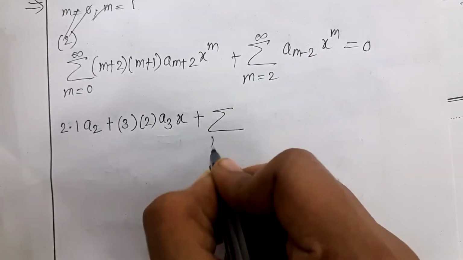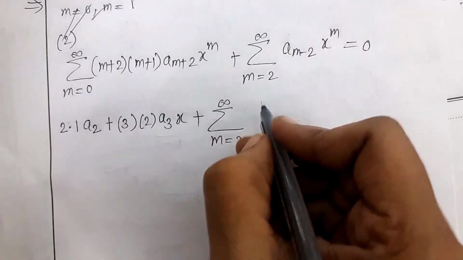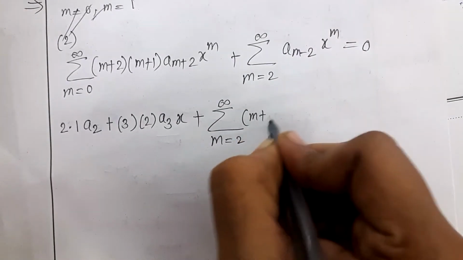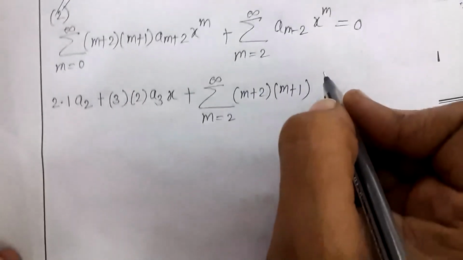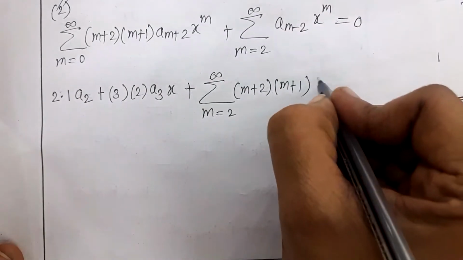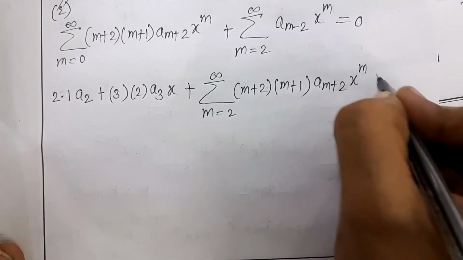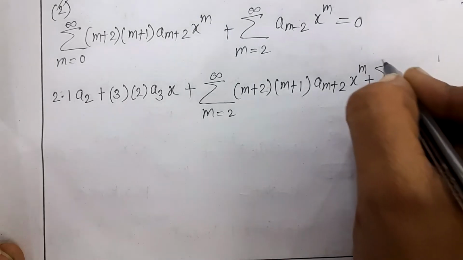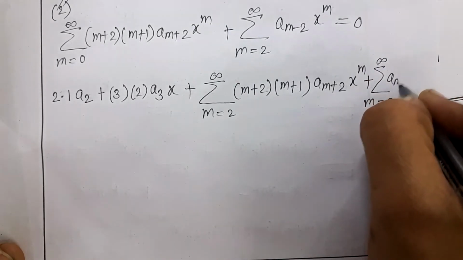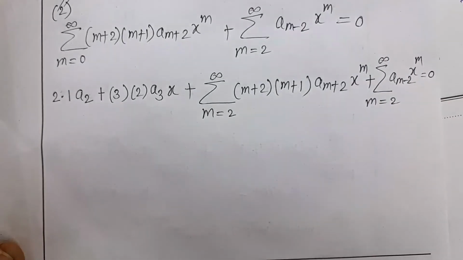The next terms can be written as m equal to 2 to infinity as it is. We write in summation the remaining terms (m plus 2)(m plus 1) a_(m plus 2) x to the power m, plus summation m equal to 2 to infinity a_(m minus 2) x to the power m, and it is equal to 0.